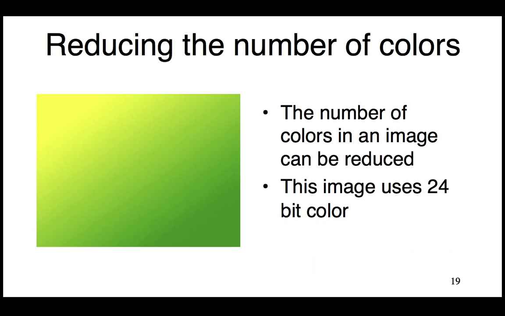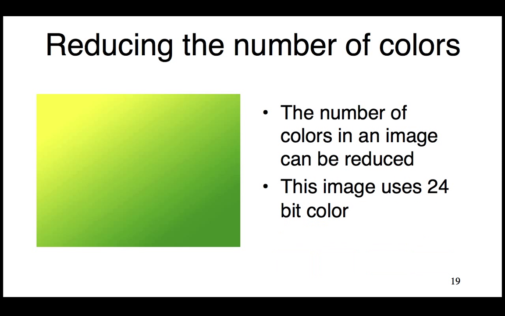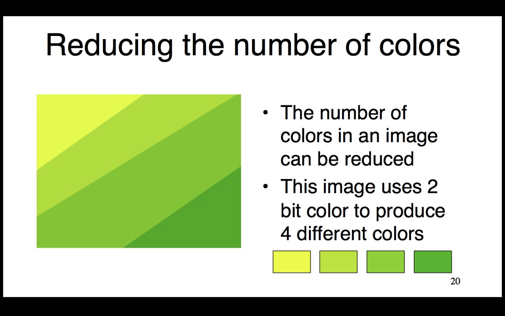And what you have to do is, basically, you've got 4 colors. We've got yellow, very yellowy green, light green, and dark green. And so every pixel in this image is assigned its closest match of one of these colors. So every pixel has to make a call.